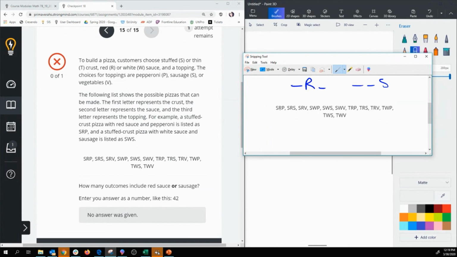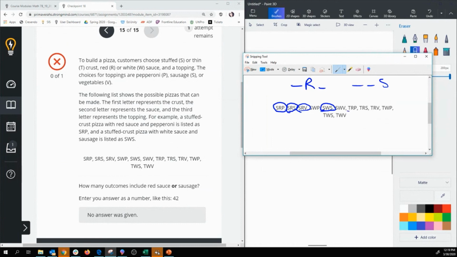So this first one, SRP, that one has an R in the middle, so that one counts. SRS, that one has an S on the end, that one counts. This one here, SRV, this one also has an R in the middle, so that counts. I have SWS, it has an S on the end, that counts.